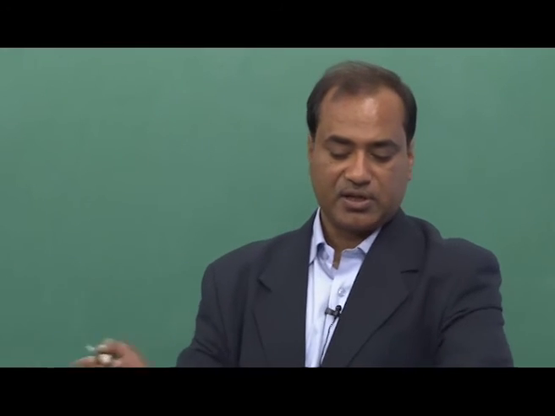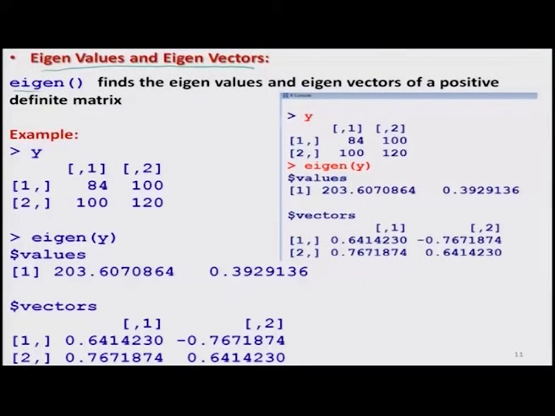Suppose you want to find the eigenvalues and eigenvectors of a matrix, then the simple command is eigen, E-I-G-E-N, and inside the bracket you write the name of the matrix of which you want to find the eigenvalues. Sometimes eigenvalues and eigenvectors are also called characteristic roots and characteristic vectors. So, this is the same thing.